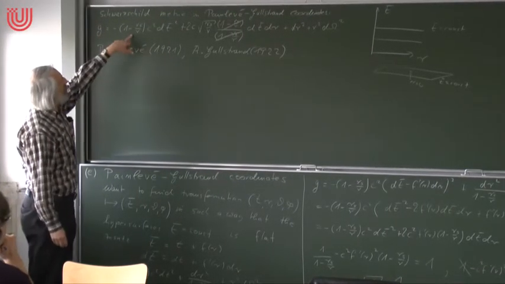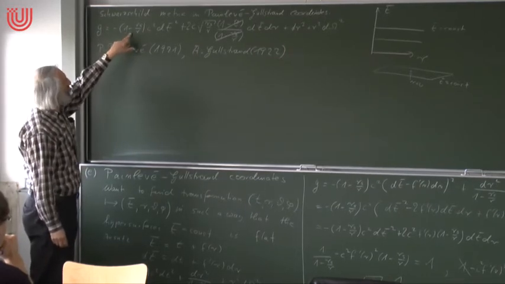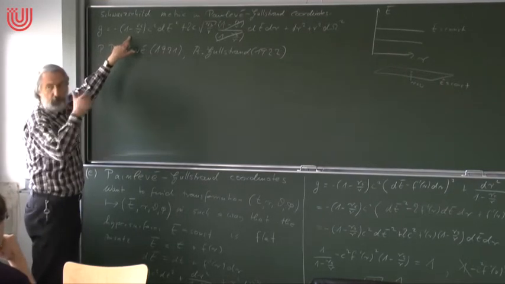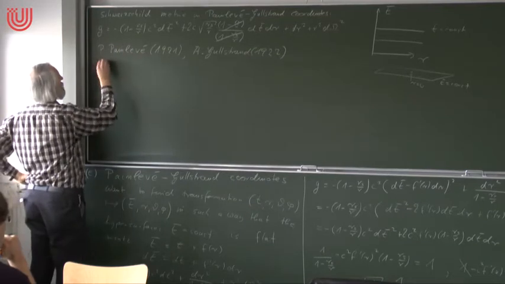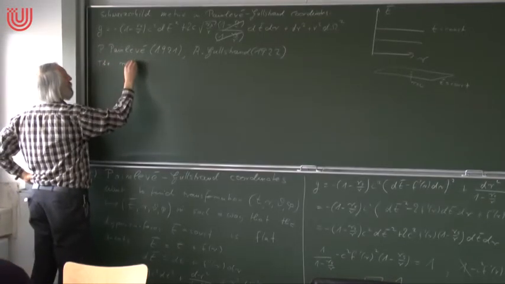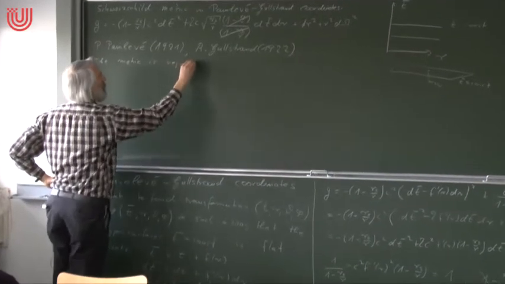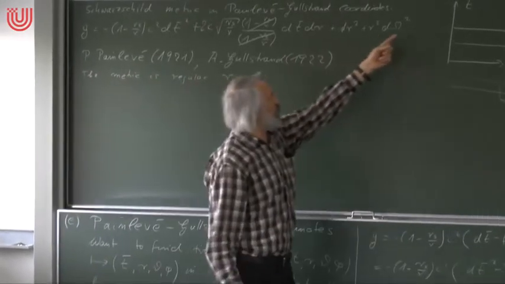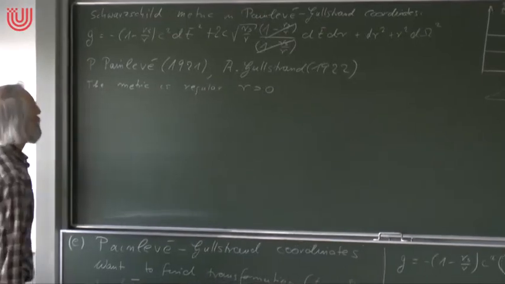But this has a 0 at r equal rs, and you have to check that in spite of this 0, the determinant is not 0, so that the inverse metric will also exist. That checks it, so the metric is regular in the whole domain r bigger than 0. So we can use this metric for the spatial section everywhere except at the point r equals 0.